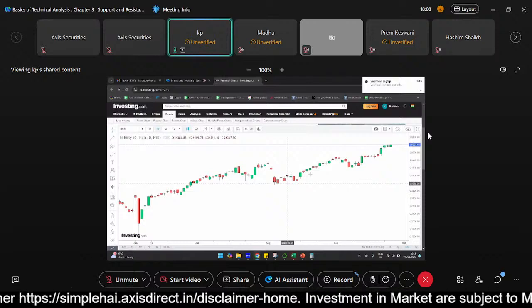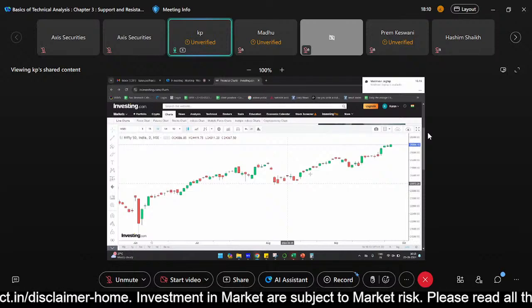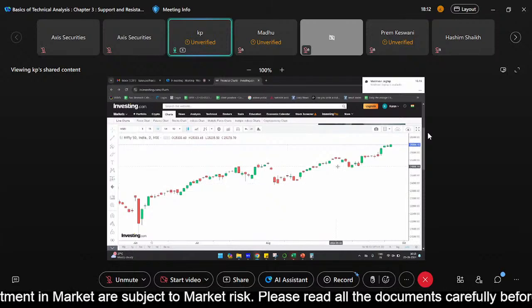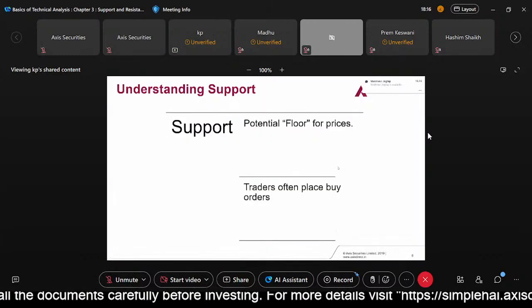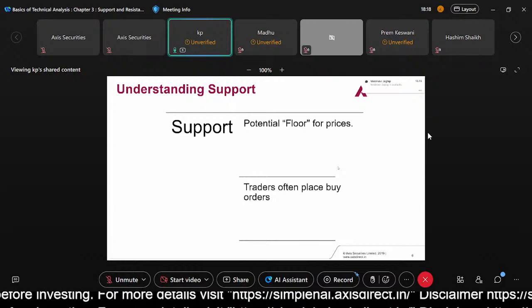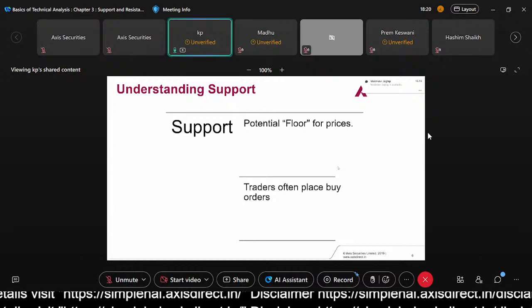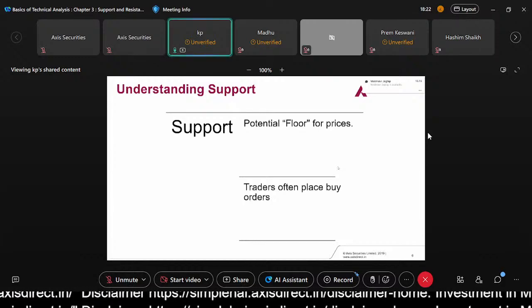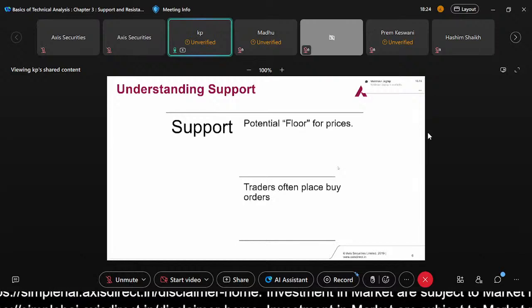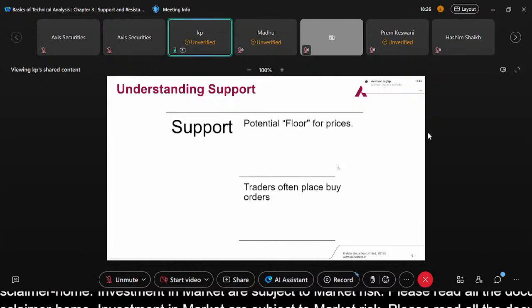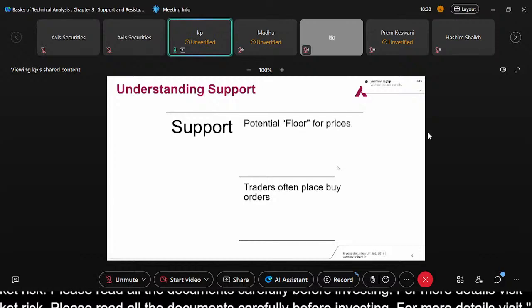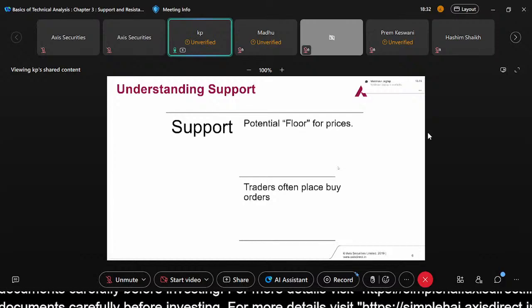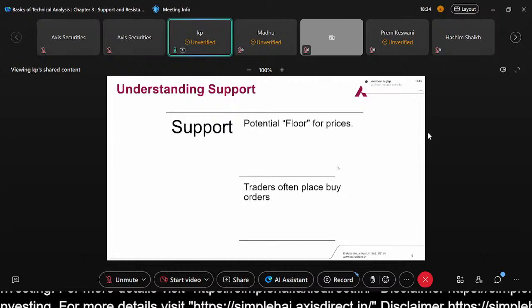Now that we have understood what a floor for the price is, this is a level that traders will be looking at to go long, correct? If prices are at support, how do you identify support, we will tell you in the coming session. But this is normally where you see traders putting up their long orders.